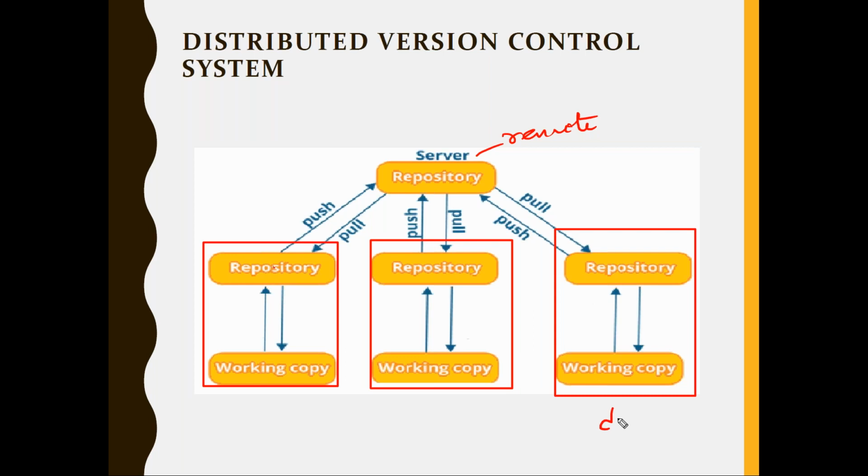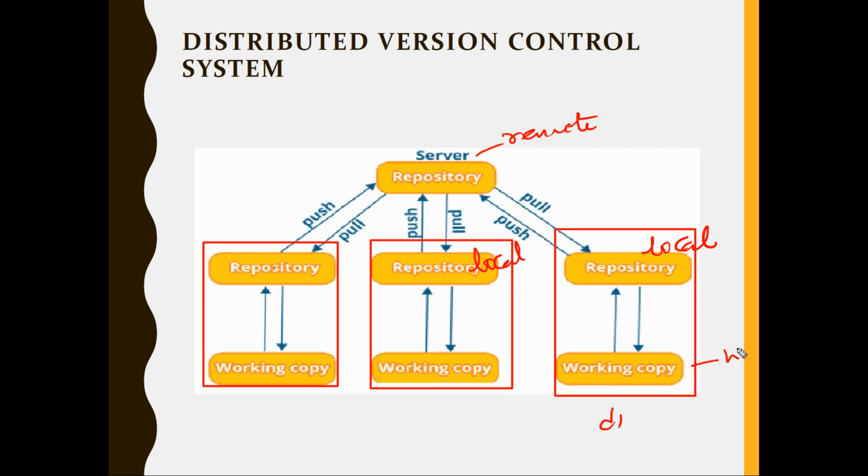And if you see the workstation of each developer, every developer will have a copy of this remote repository, which is called local. Means every developer is having a local copy. That's why it's called distributed version control systems. So from remote, they'll copy and have a local repository.